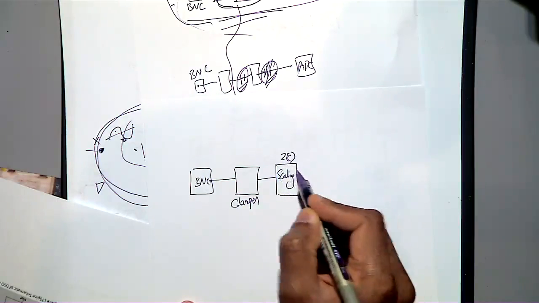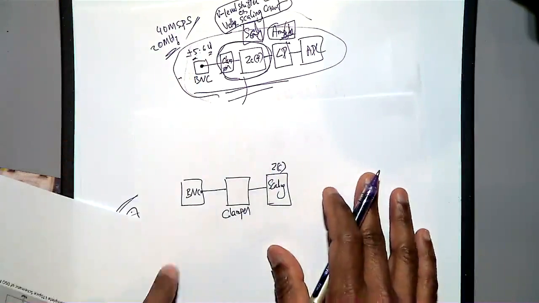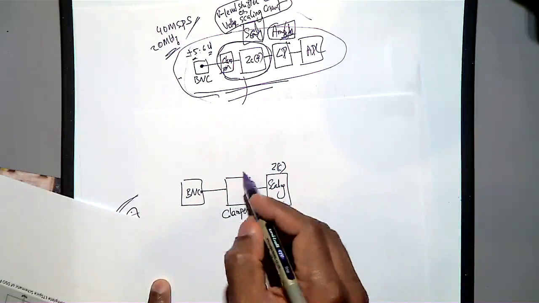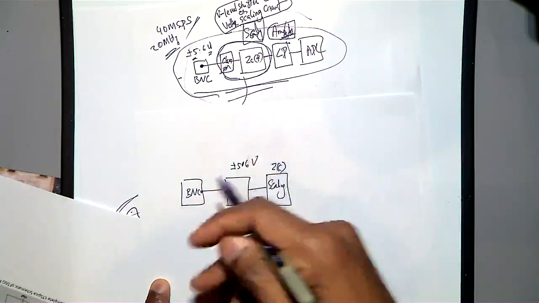You can tune the input impedance, because of what you have shown here. And then this is the clamper. Here you should make sure that only plus or minus 5.6 volt is going through.